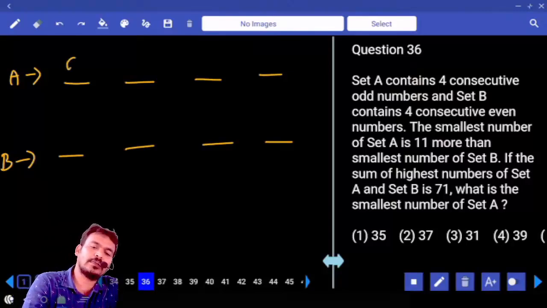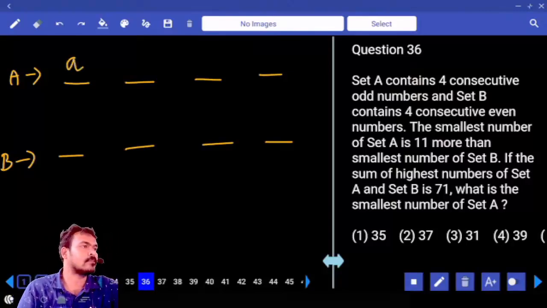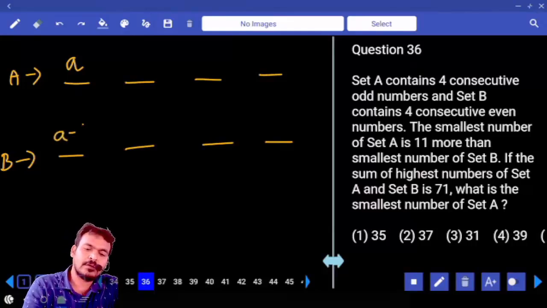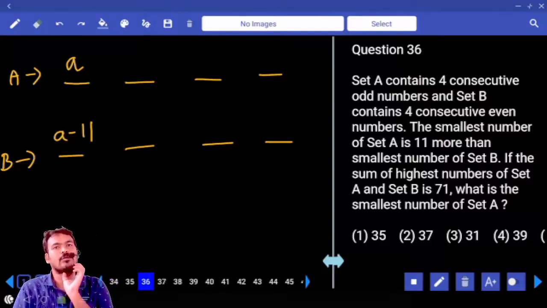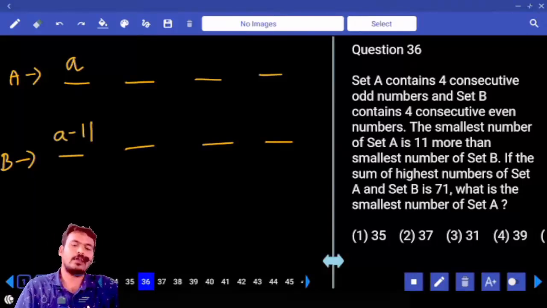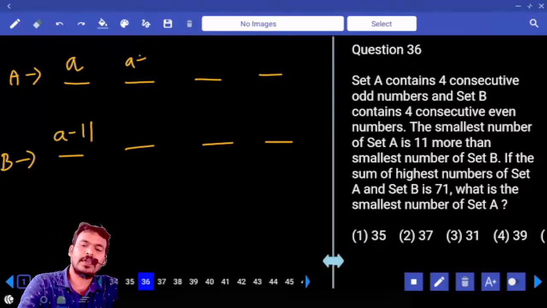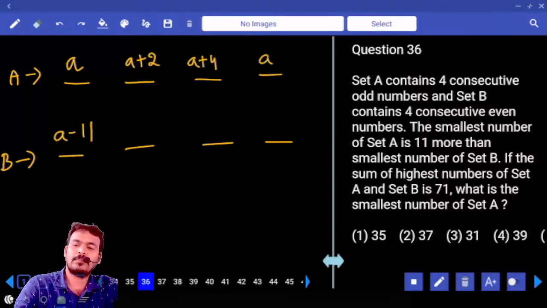Suppose the smallest number of set A is A. Then the smallest number of set B is A minus 11. What is the difference between consecutive even numbers and consecutive odd numbers? 2. First, the odd numbers we write: A, A plus 2, A plus 4, A plus 6.